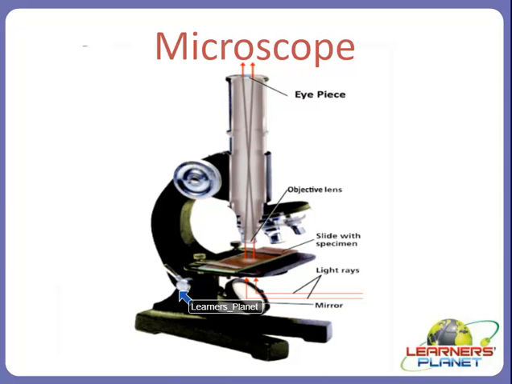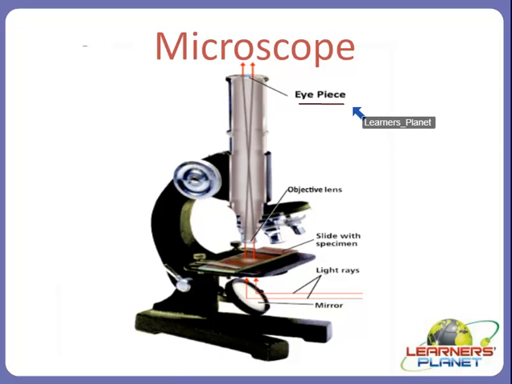Now this is the outer design, but let us understand the functional design of the microscope and the different parts present here, and how they function. So let us start with the parts one by one. The very first one is the eyepiece. This eyepiece is the uppermost or topmost part which is first observed in the microscope. What is this eyepiece?